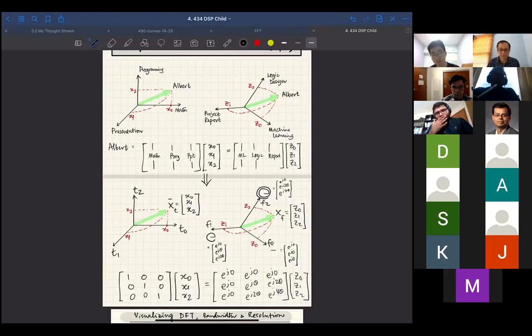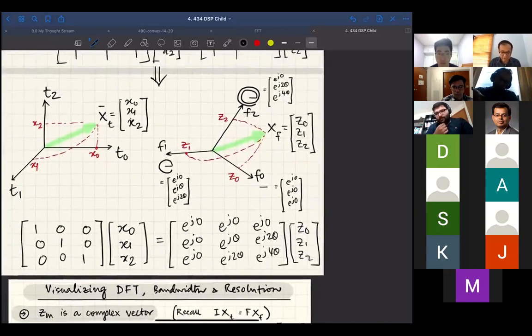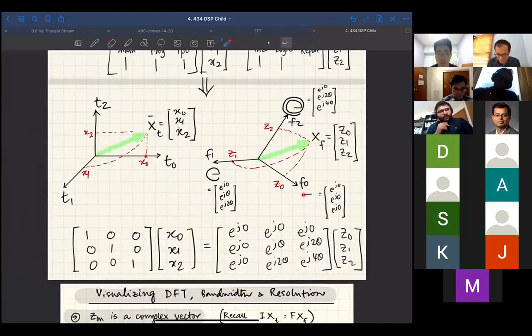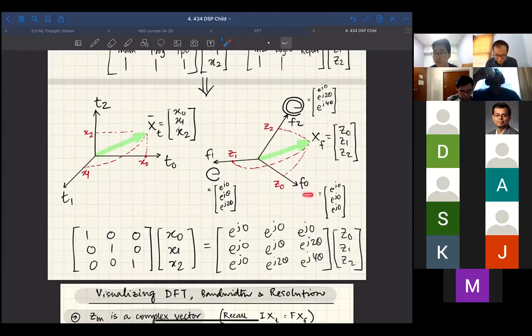And what is F0? F0 is nothing but a stick that is not rotating, or a stick that is rotating at frequency 0. Right? So that stick which is not rotating, and this is what I mean by that stick, which is not rotating or rotating at frequency 0, can be written as e^j0, e^j0, e^j0, because the stick is at the same location.